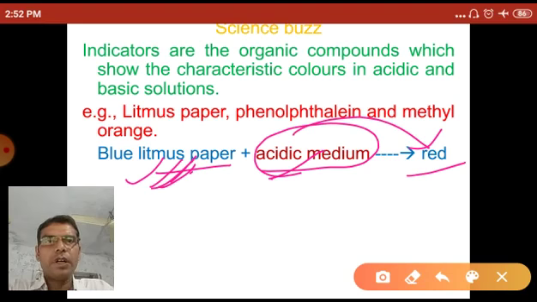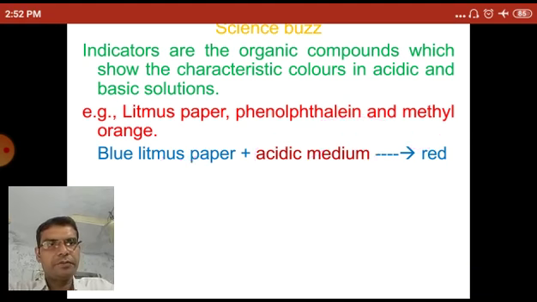But when blue litmus paper is added in the basic medium, there will be no change in its color, and also in the neutral medium there will be no change. But in the acidic medium, the blue litmus paper changes into red, and if blue litmus paper changes into red, that solution is called the acidic medium or acidic solution.